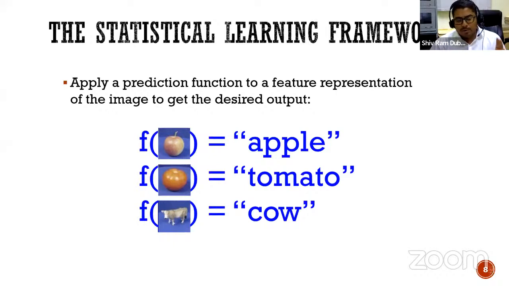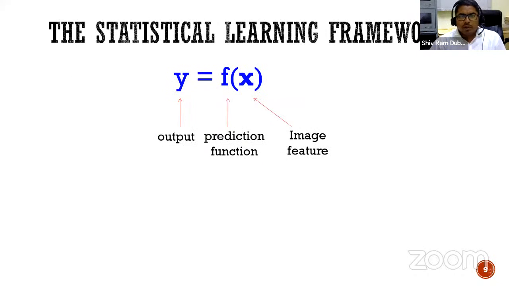But ultimately, we provide a sample as input, and our model should be able to predict the class label for that sample. So this is a very simple classification approach. Statistically, we can write y = f(x), where x is the input we provide to our function f, and we want to predict the output y.